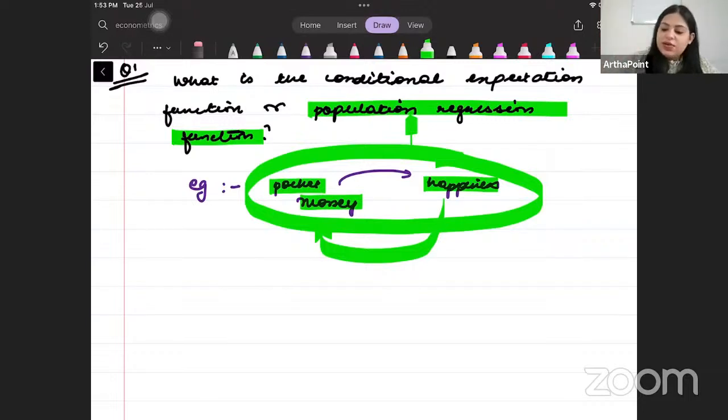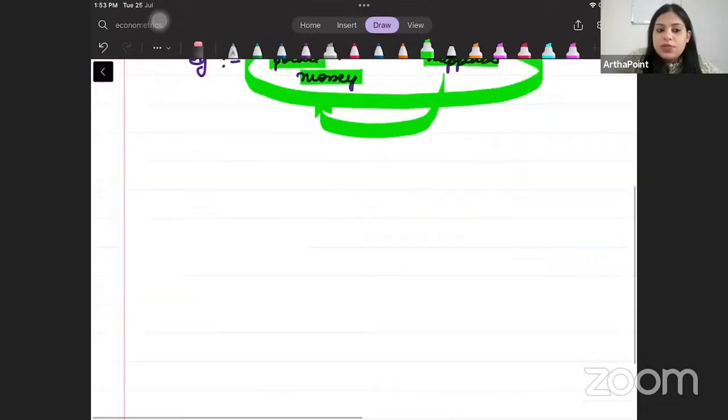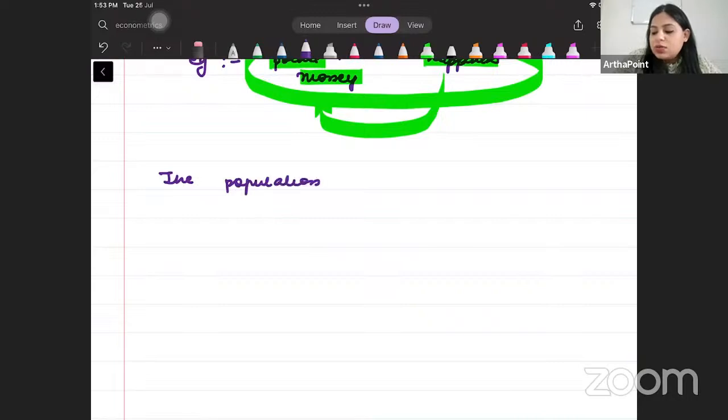Okay, let's go ahead and write this down. So please write with me: the population regression function is a linear function. But it cannot be non-linear. It has to be a linear function.